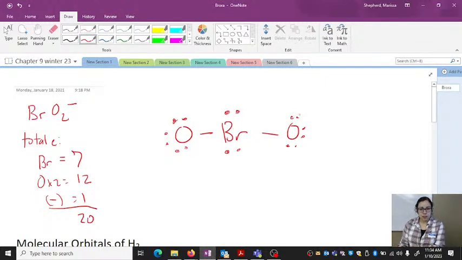And then we said, well, let's look at the formal charges. So what's the formal charge on this oxygen? So -1. What's the formal charge on this oxygen? And then what's the formal charge on our bromine?